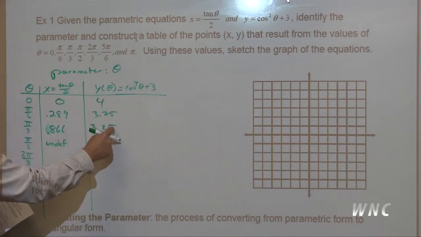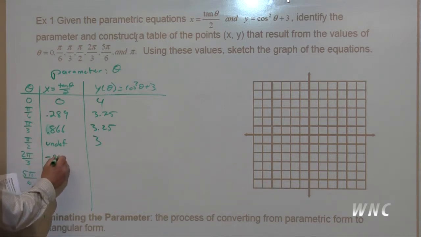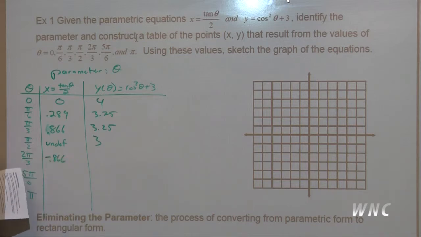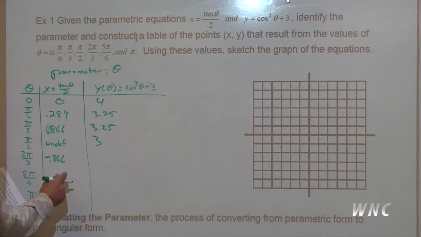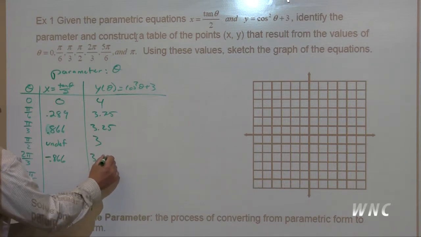So notice how this is going down. For 2 pi over 3, we're at negative 0.866, and for the cosine one, it's going to be 3.25.